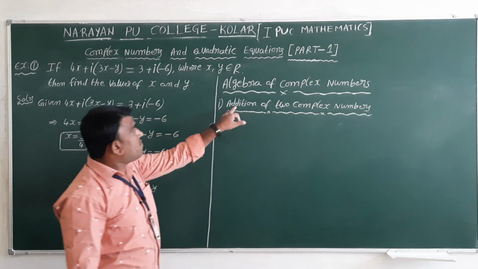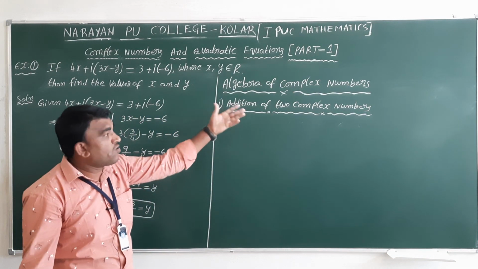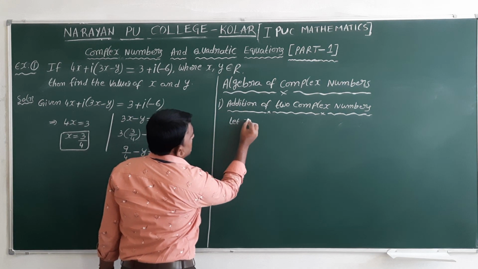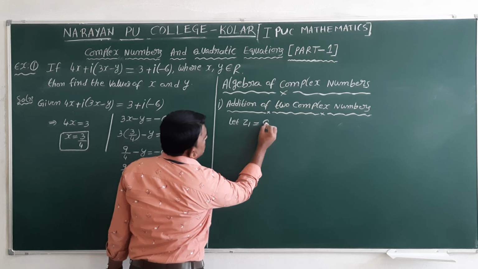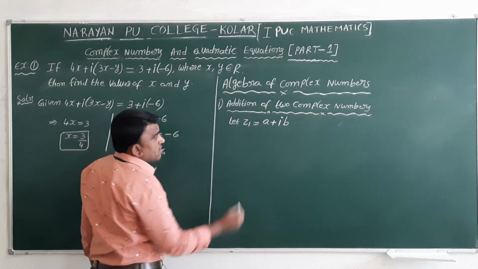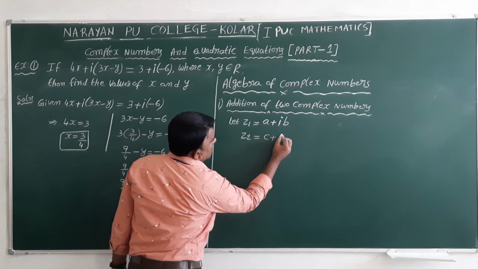The name itself tells the meaning: addition in the sense of adding two complex numbers. How to add? For example, take two complex numbers. Let z1 = a + ib, the first complex number, and z2 = c + id.